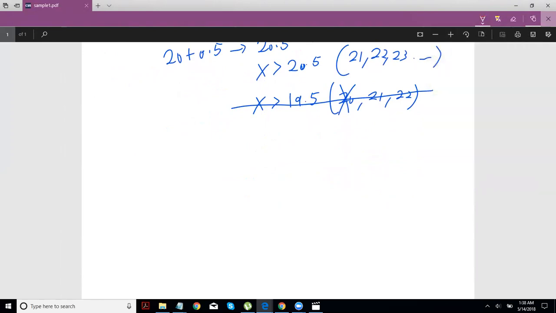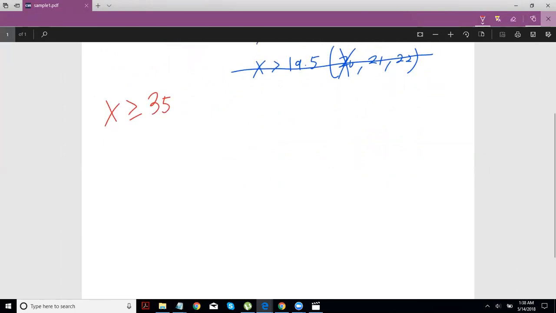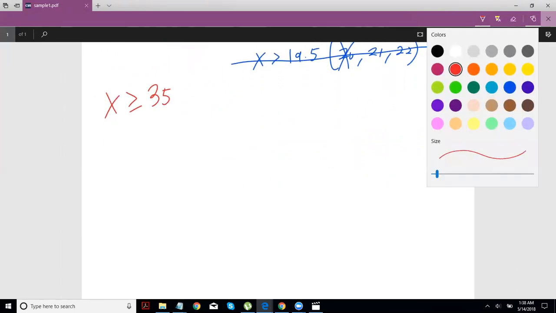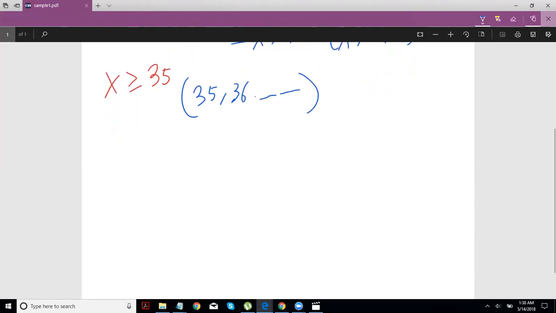When, however, x is greater than or equal to, let's say, 35. Now, which integer values is this valid for? It includes 35 because it's equal to as well, and 36, and so on, all the way to infinity, or whatever.